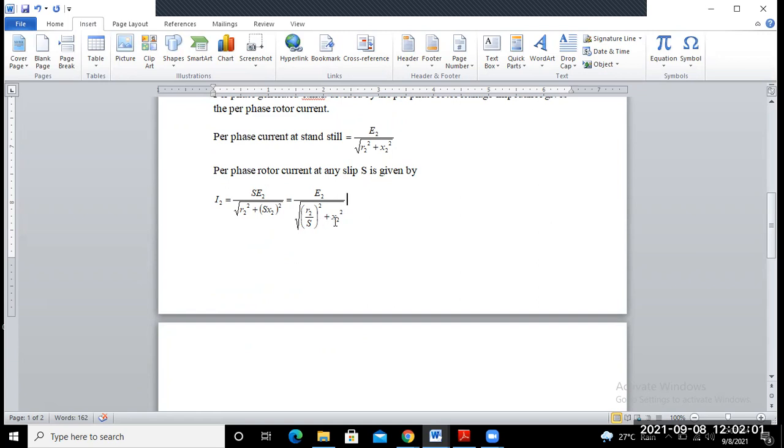Always keep in mind the rotor leakage reactance is represented by S X2 and the EMF induced at any slip is represented by S E2. Then we simplify the equation of current, that means EMF induced divided by impedance at any slip S, so you will get something like this.